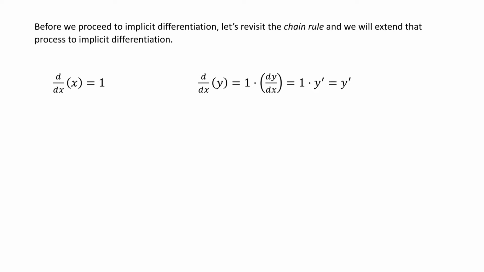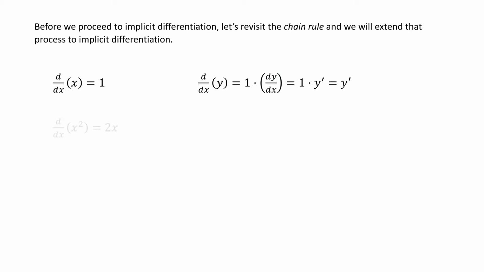The derivative of y, that constant is 1, but you still need to multiply it by the derivative of the inside function. Since we don't know what that inside function is explicitly, we just say dy dx. So that would be equal to the derivative of y, which was 1, times y prime. That product is y prime.